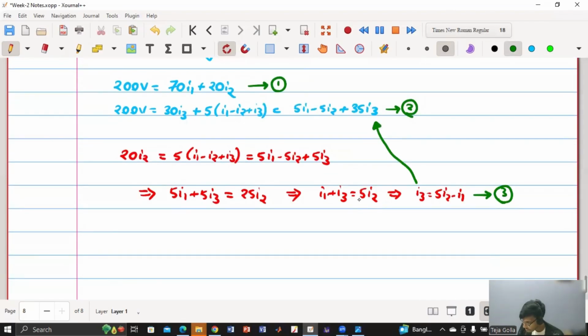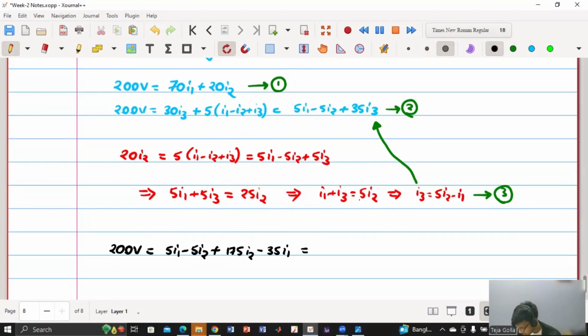We have 200 volts equals 5I1 minus 5I2 plus 35 into 5, which is 175 I2.